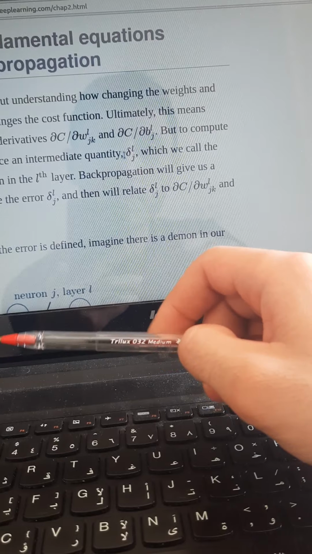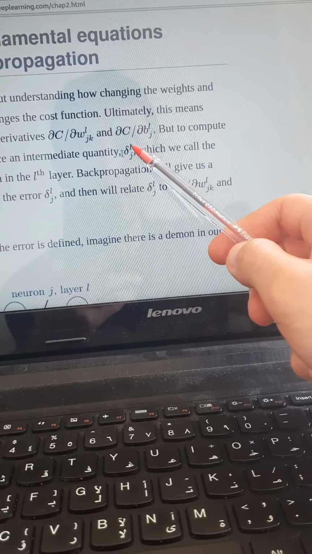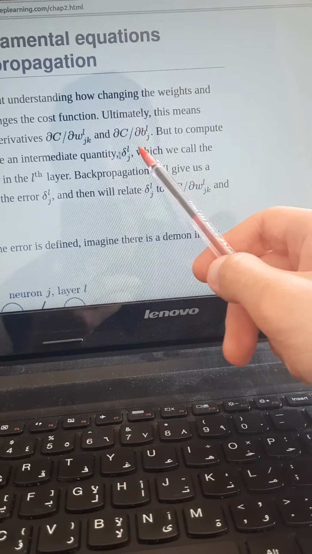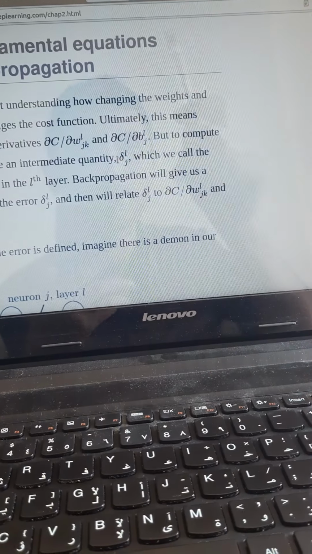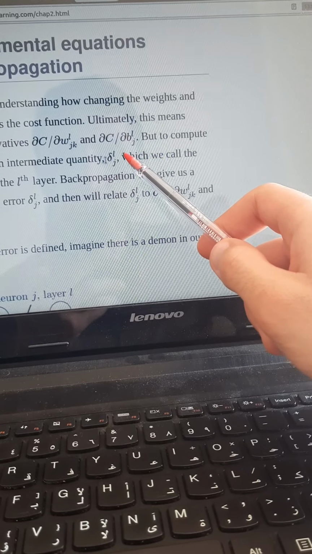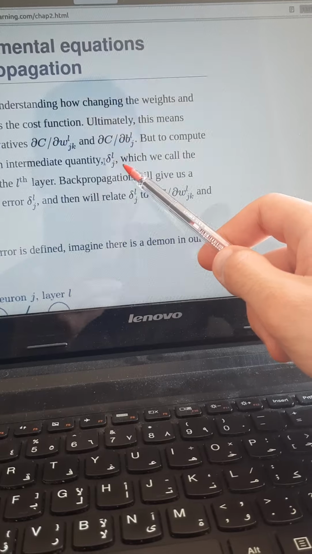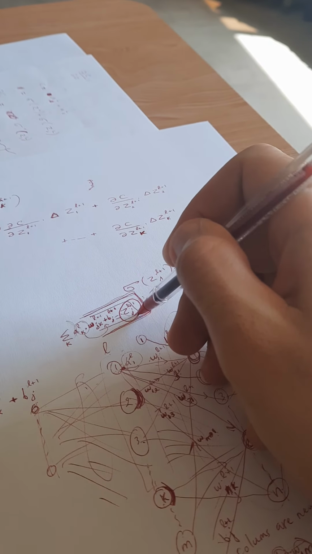Now that error is something that can be calculated, and we can know its formula. This error is actually the partial derivative of the cost over z. I don't know what to call z, but this is the partial derivative over z.